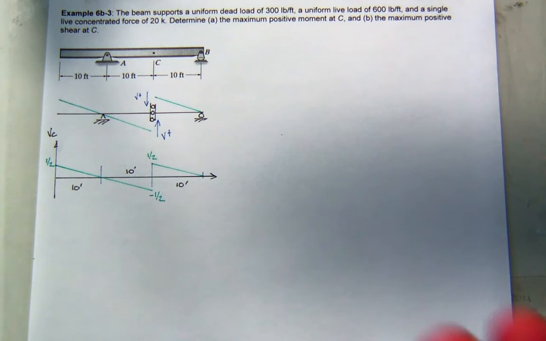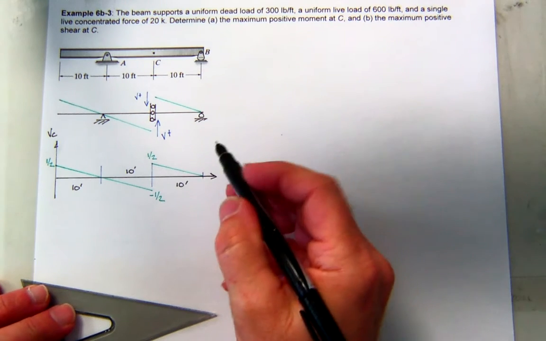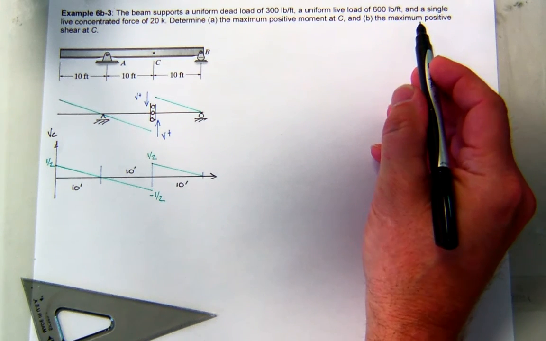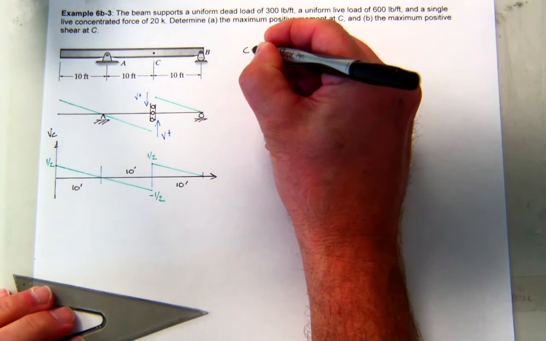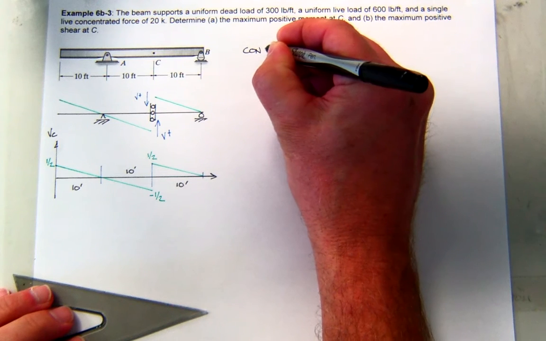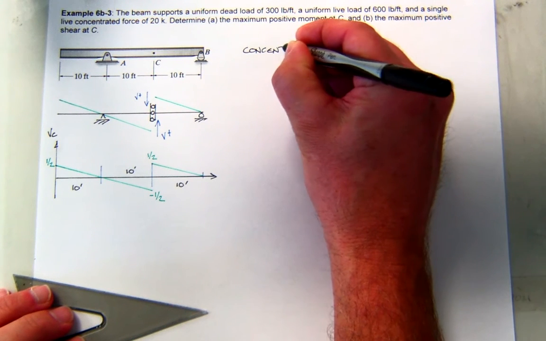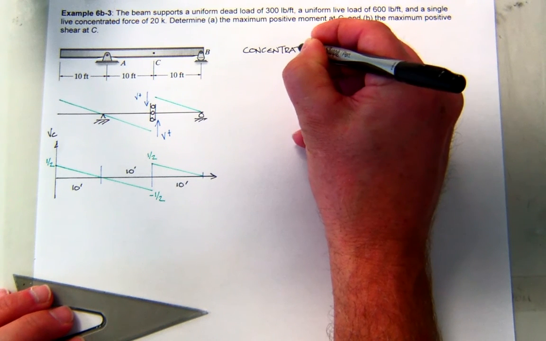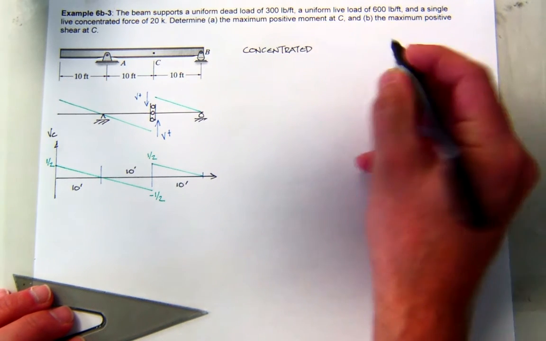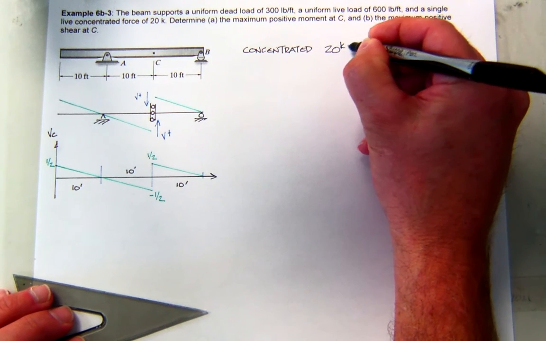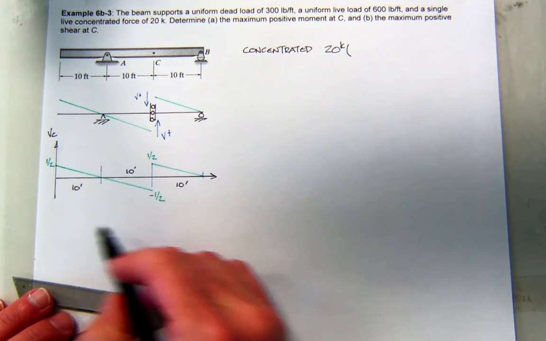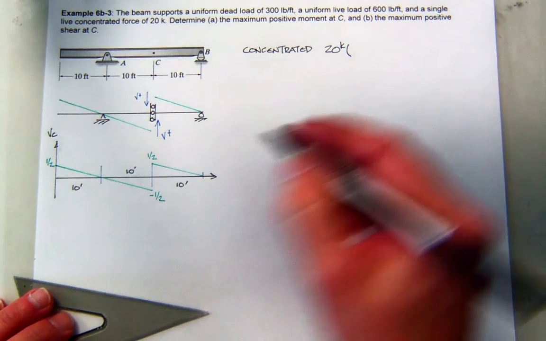So now I can just solve the problem. The problem says, what's the maximum positive shear at C? So we'll start with the concentrated load. The concentrated load for this problem is 20 kips. And what is the largest positive value in the influence line? 1/2.